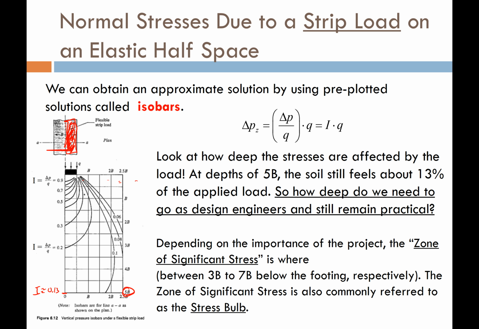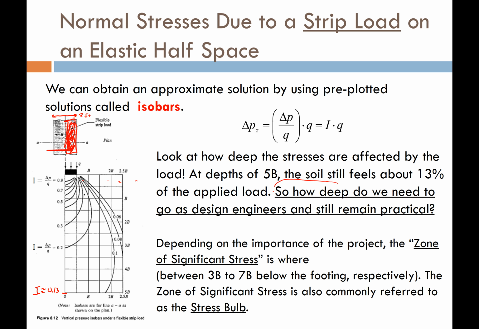Say I have an 8-foot wide strip footing. That means that at a depth of 5 times 8, or 40 feet below the ground surface, the soil is still feeling 13% of the load that I applied at the ground surface.